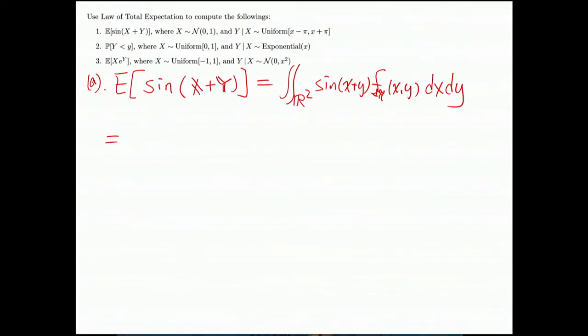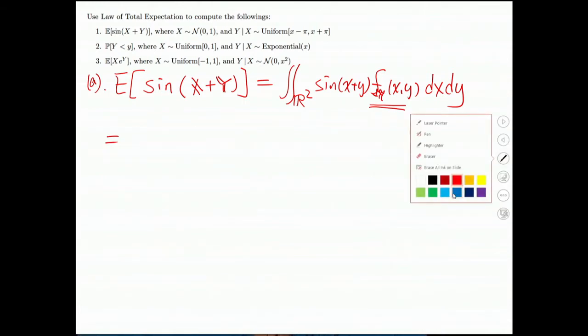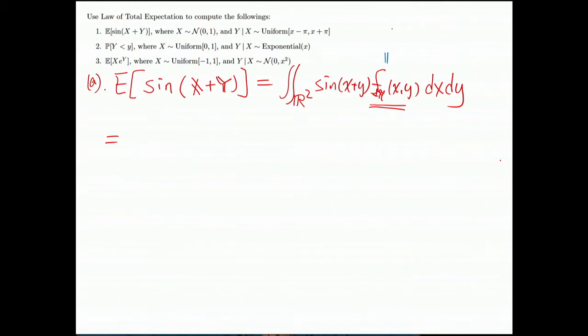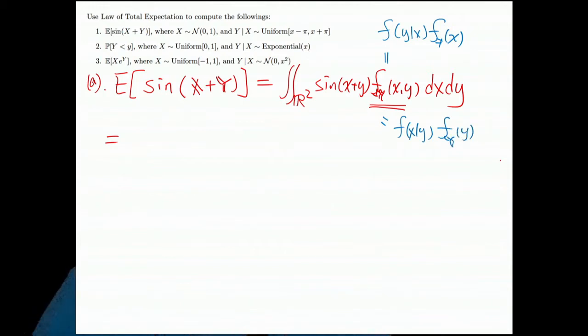Then the joint PDF could be written down like f y given x times f of x, or I can write it down as x given y times the PDF of y.